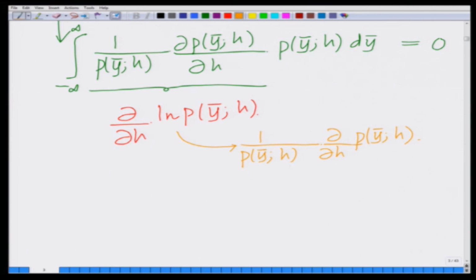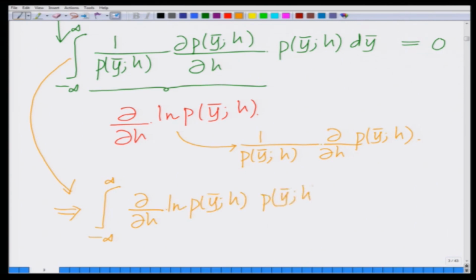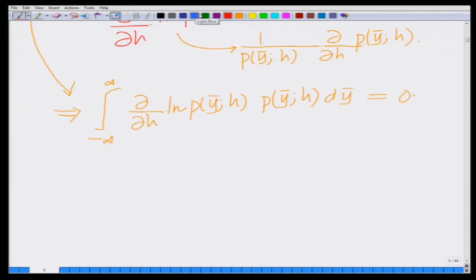And that is what I have. Therefore, now I can write that the integral from minus infinity to infinity of the derivative of the log likelihood of p y bar parameterized by h, times p y bar parameterized by h, dy bar equals 0. And now I can multiply by h on both sides.